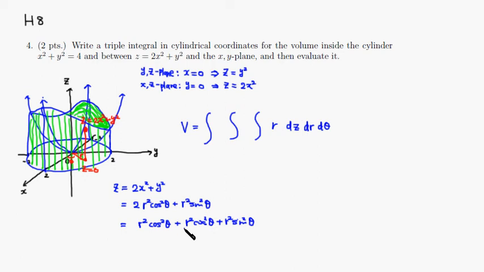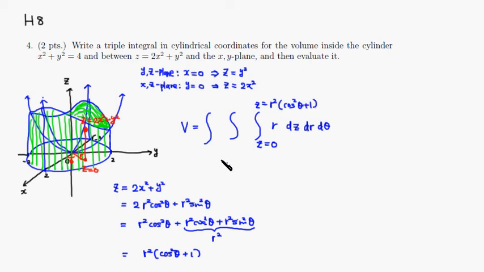We can combine these two as r squared times cosine squared plus sine squared, which is 1. So this is just r squared, and we get r squared cosine squared theta plus r squared, that is, r squared times cosine squared theta plus 1. So z goes from the xy plane, which is 0, to z equal to r squared times cosine squared theta plus 1.